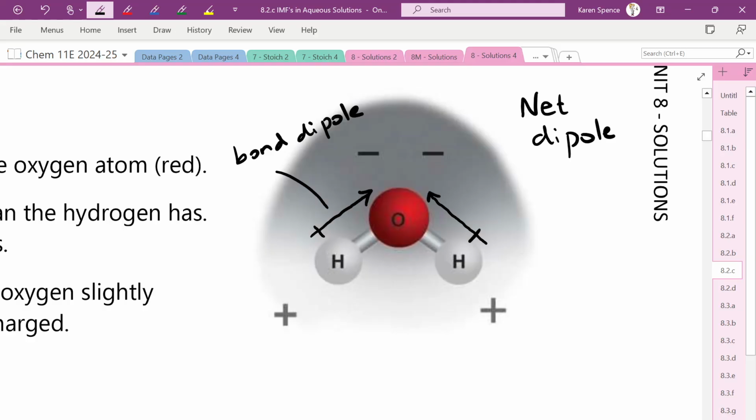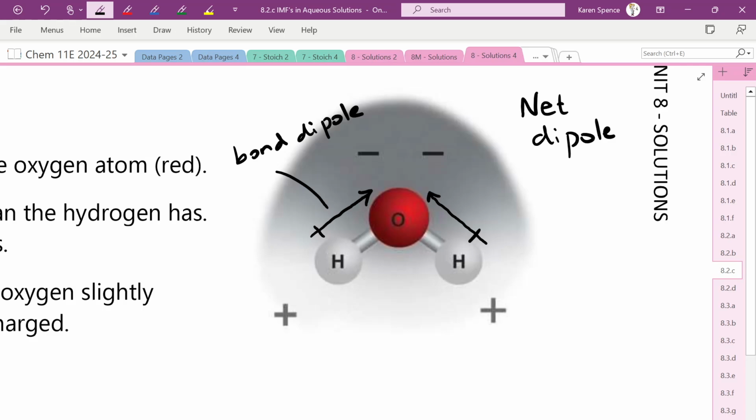We're finding the net dipole. And what you're going to do is you're going to point in the direction that you think that net dipole points.